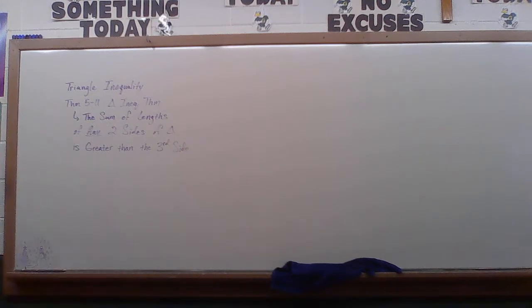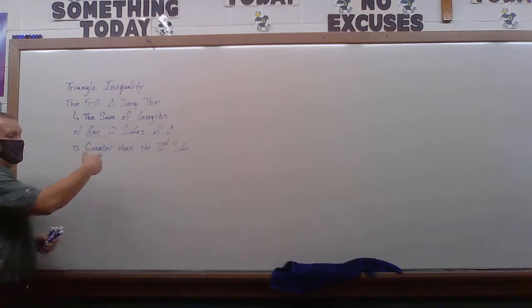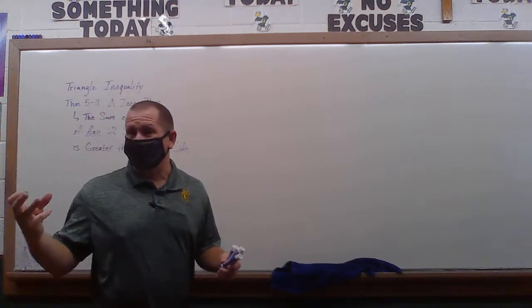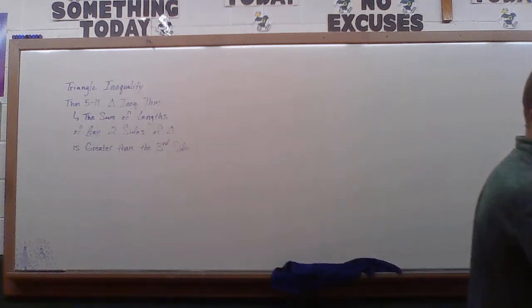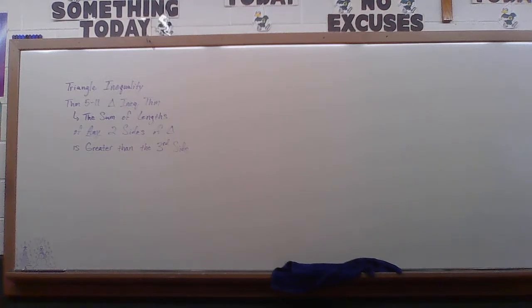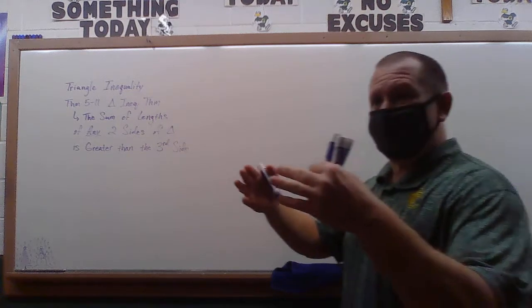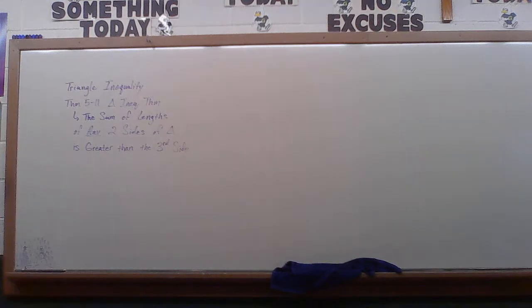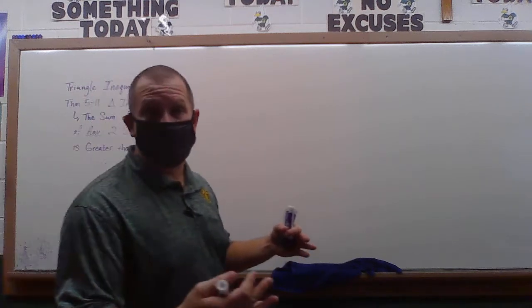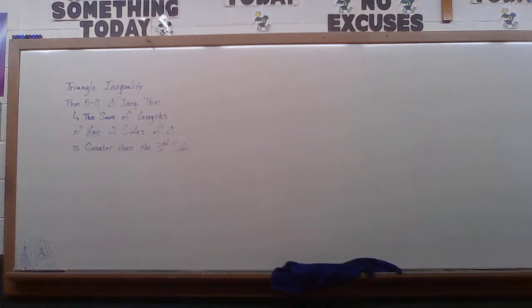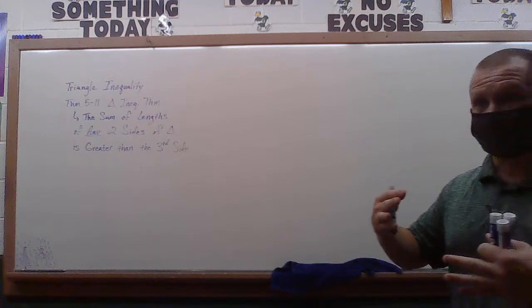So basically they're going to give you lengths of the sides, and you're just going to add them up and compare it to the third side. And when you add the two sides together, if it's bigger, then those three lengths are able to make a triangle. If they're not, then when you put them together, they wouldn't reach. So if you're building a cow pen or something that you wanted to look like a triangle, you'd have a gap at the end because they wouldn't reach.